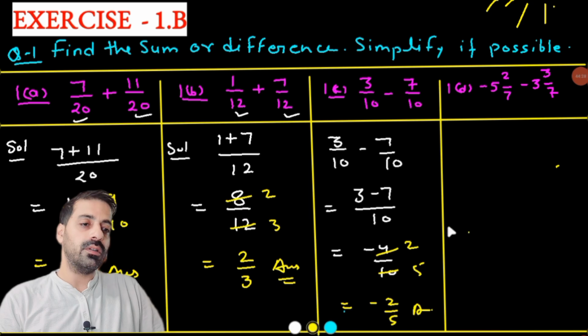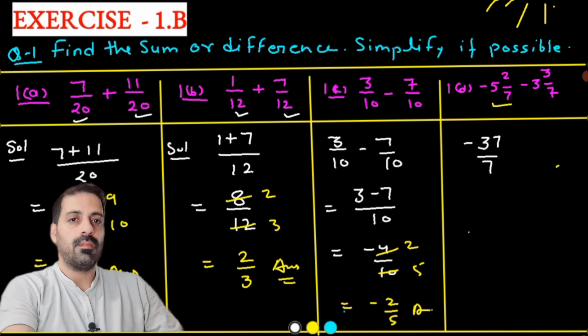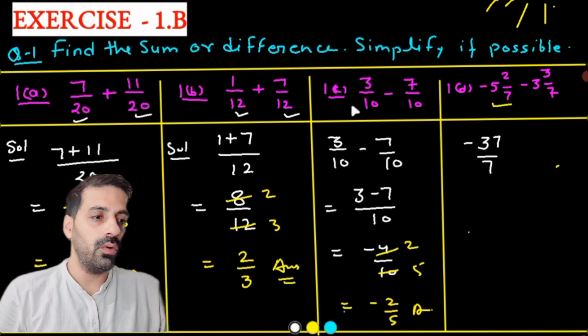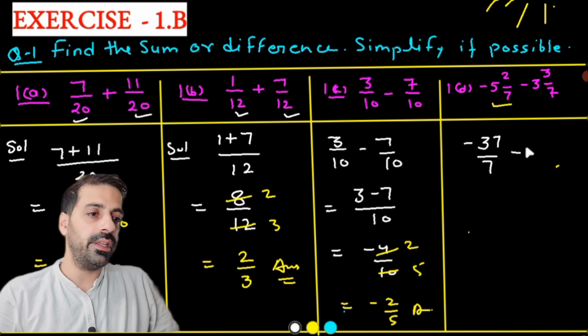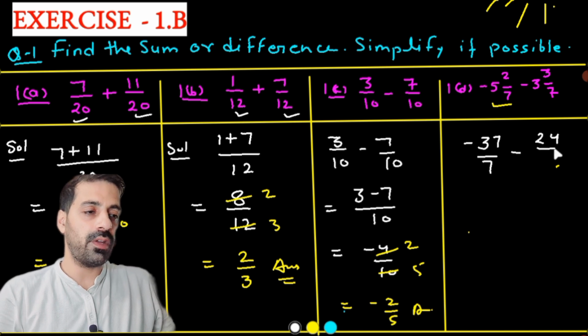So now move to question number D. Now open the mixed fraction first. So when you open the mixed fraction, 7 5s are 35 and 2, negative 37 upon 7, and negative 27 3s are 21 and 3, 24 upon 7.